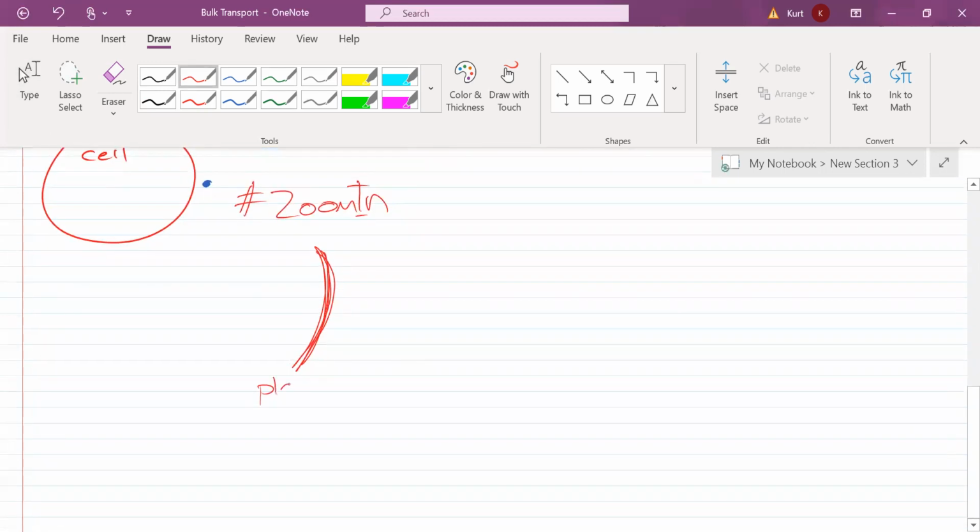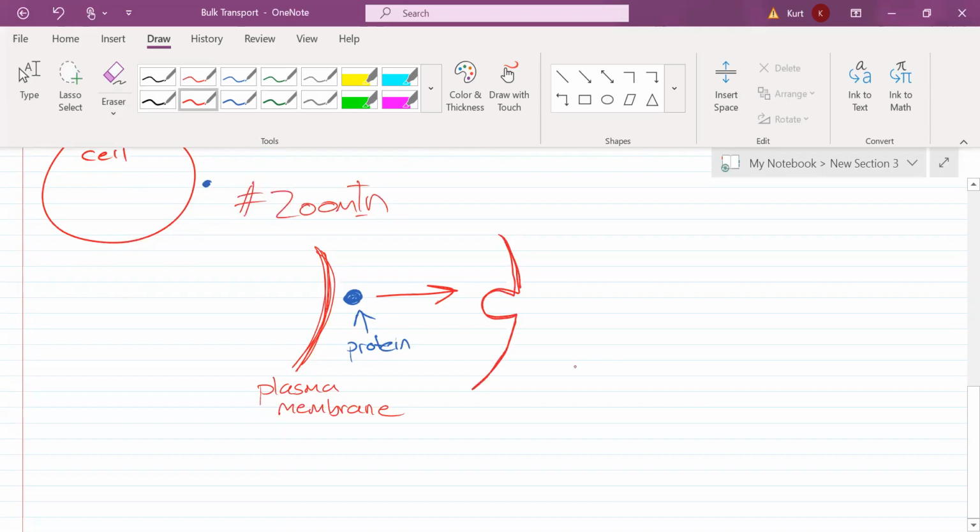This is the plasma membrane. There's our protein. The cell membrane is going to go through an infolding.